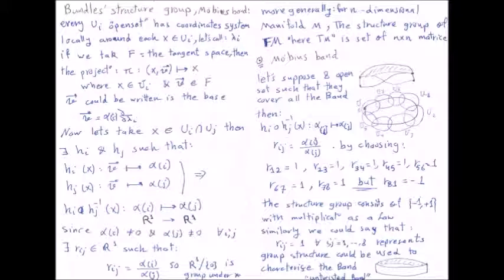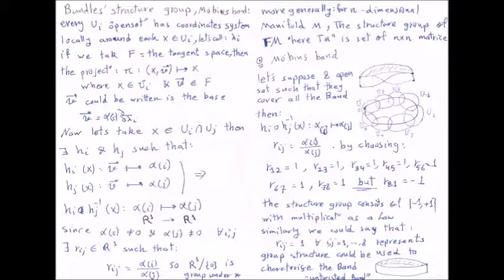Since they are homeomorphisms, we can take the inverse and choose a suitable composition between HE and HJ, and we will get a map of alpha E with alpha G. It is clear that this is a homeomorphism from R1 to R1, because this coefficient is a real number and non-zero.